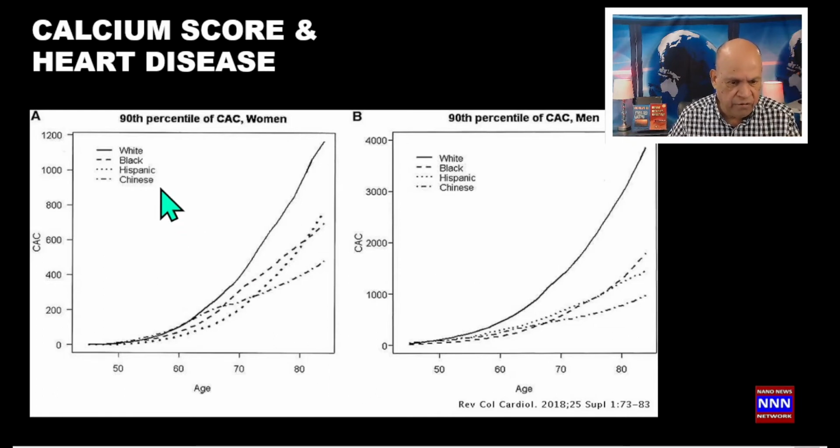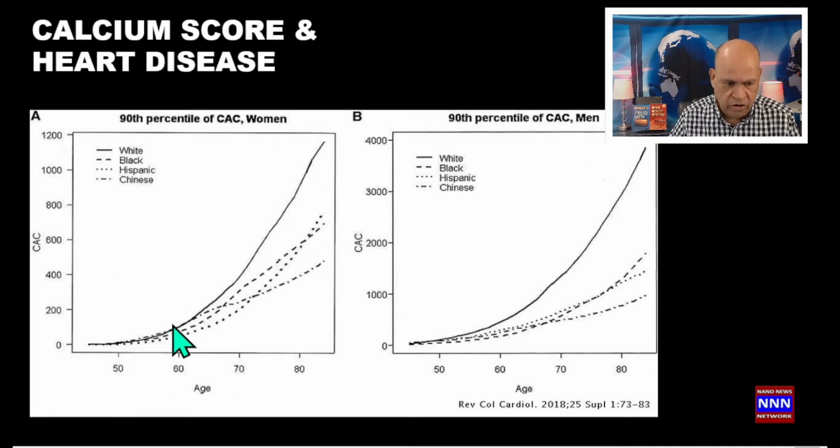However, it varies with different ethnic groups. As you can see, it is lower in women compared to men in all different ethnic groups. Chinese have sort of the lowest degree of calcium deposition in the coronary arteries, both among women and men.